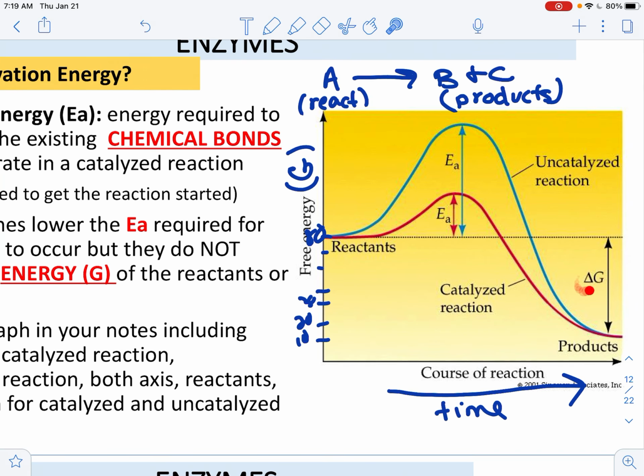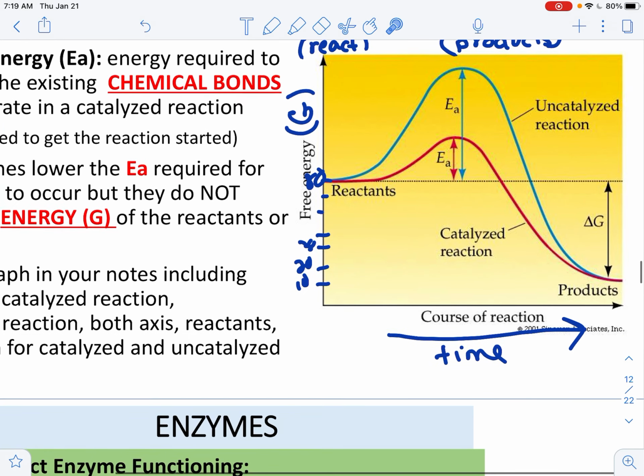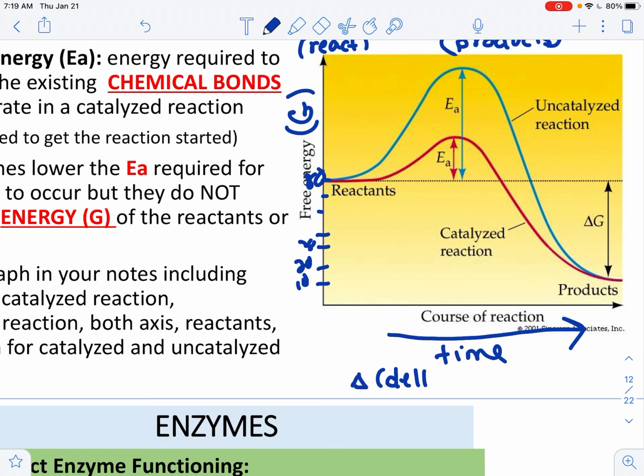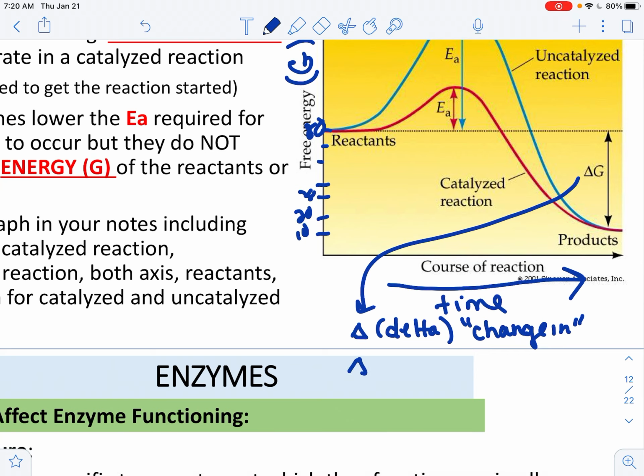And then you see here what we call the delta G. This little symbol, delta, means the change in. So delta G means the change in energy between the reactants and the products.